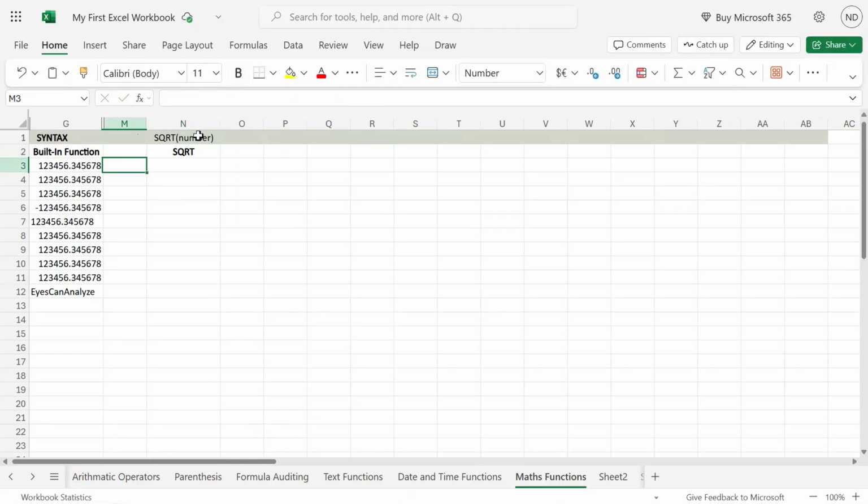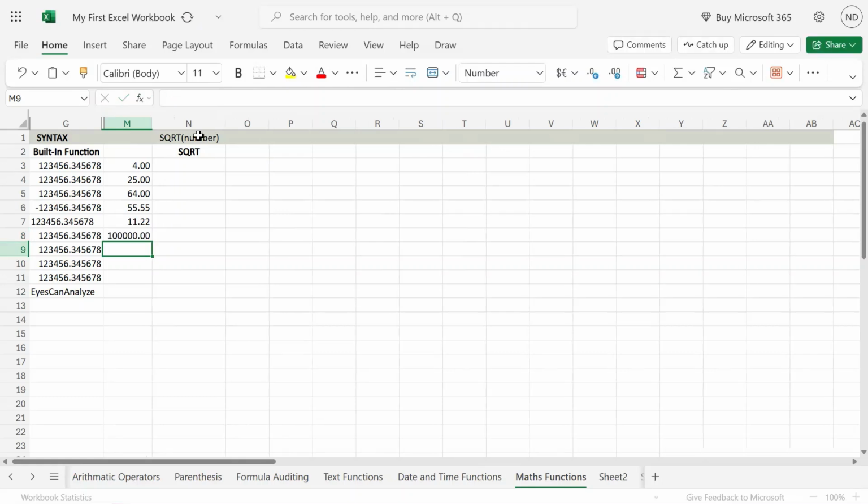So suppose I have 4, 25, 64, or a decimal number like 55.55 or 11.22, or 99.99, two decimals. So pretty simple.